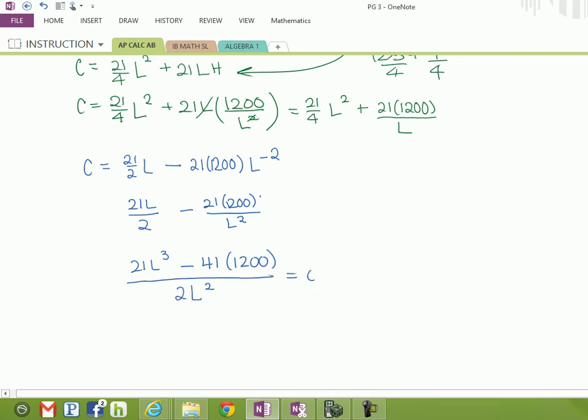Set that equal to 0. Set C prime, did I forget to write prime? I think I did. Set C prime equal to undefined. Undefined would happen when L is equal to 0. C prime equal to 0 happens when we get this. So I just took the numerator equal to 0, moved the term over.